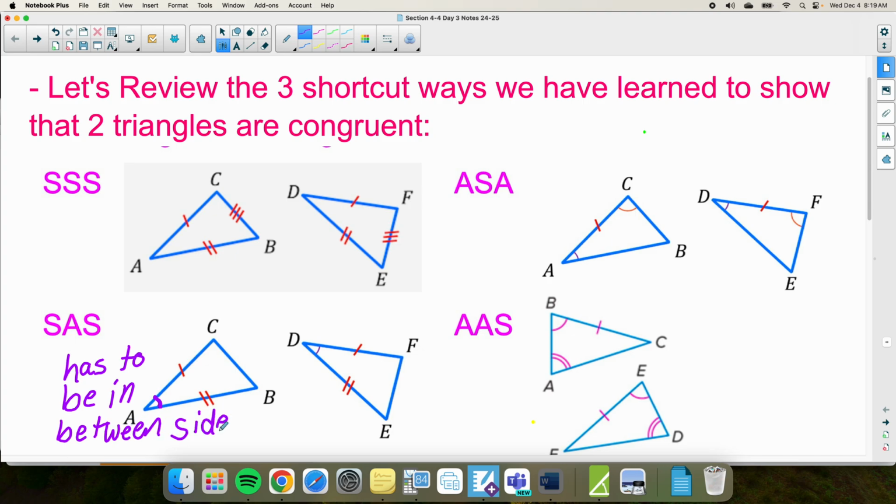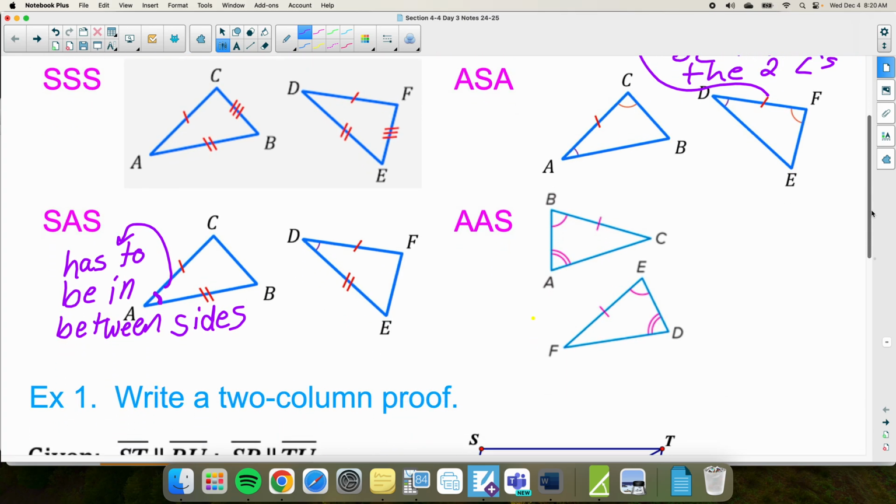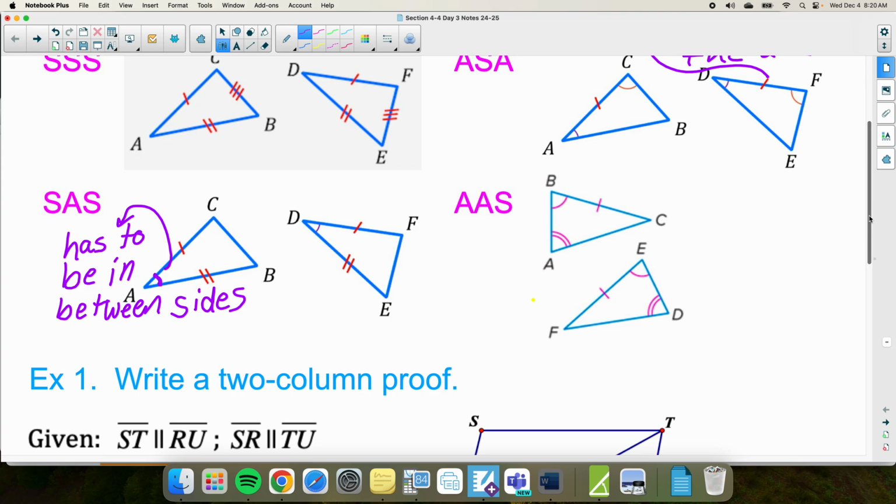And then the next one is angle, side, angle, and your side has to be in between the two angles. So this side has to be in between the two angles. And for angle, angle, side, the side is not in between the two angles, okay?